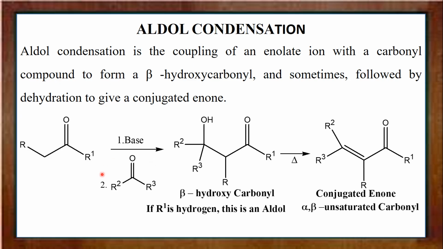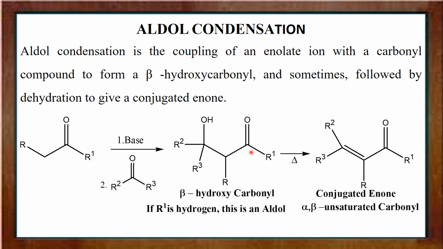This is the carbonyl part, and this is the enolizable carbanion, the alpha carbon of the carbonyl. The enolizable carbanion attacked the carbonyl carbon of another compound, resulting in a beta hydroxy carbonyl. This is carbonyl, this is alpha carbon and this is beta. So it is a beta hydroxy carbonyl compound, and this is what we call an aldol.